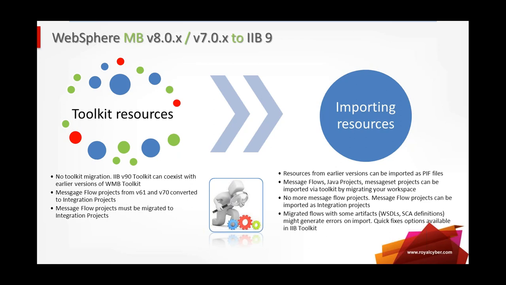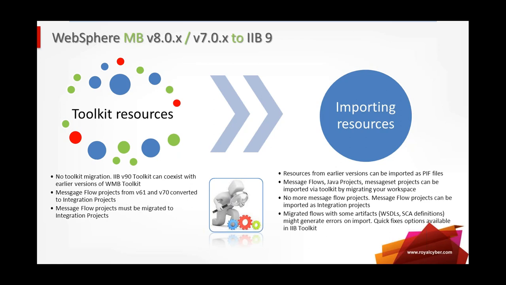One of the things is that the IIB V9 toolkit can easily coexist with your old toolkit. When I say this, you can have the IIB 9 toolkit on the same system where your older toolkit exists. The benefit is that if you want to migrate your old workspace into the new IIB 9 workspace, you can go to the IIB 9 toolkit and give the same workspace location as your earlier workspace.